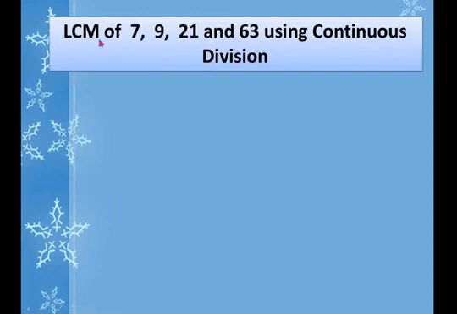Next example, find the LCM of 7, 9, 21, and 63 using continuous division. It is easier to use continuous division if you are asked to get the LCM of many numbers. So again, list the numbers 7, 9, 21, and 63.